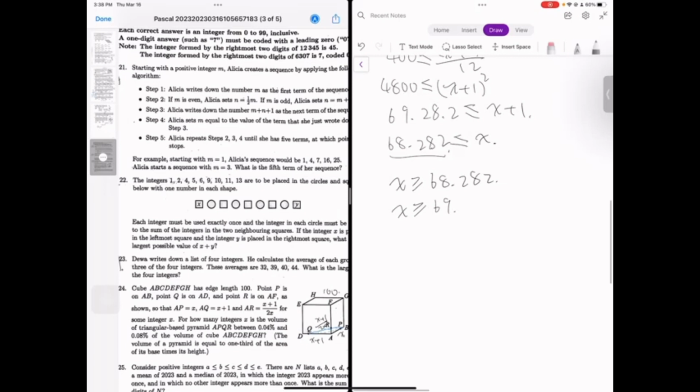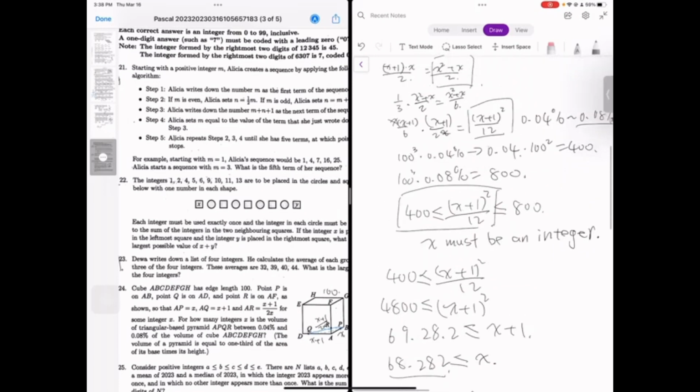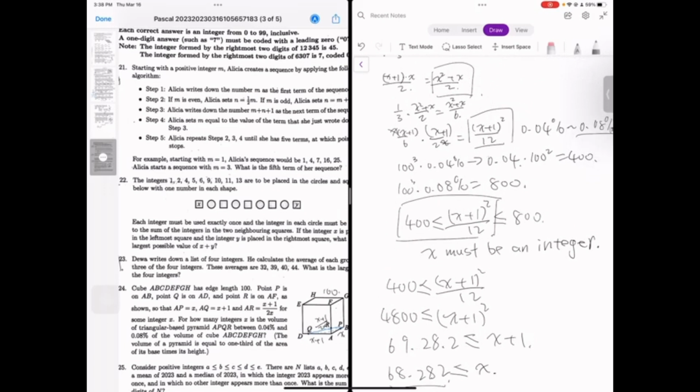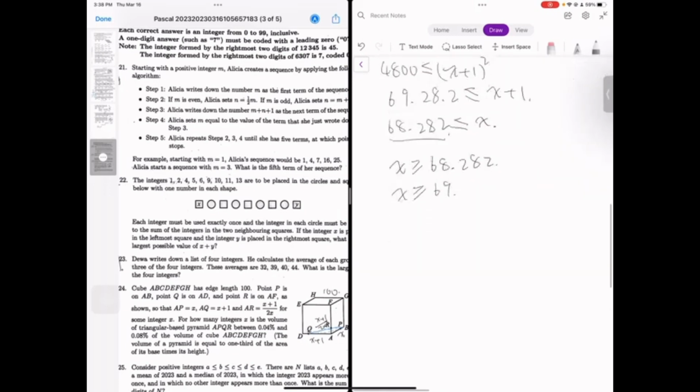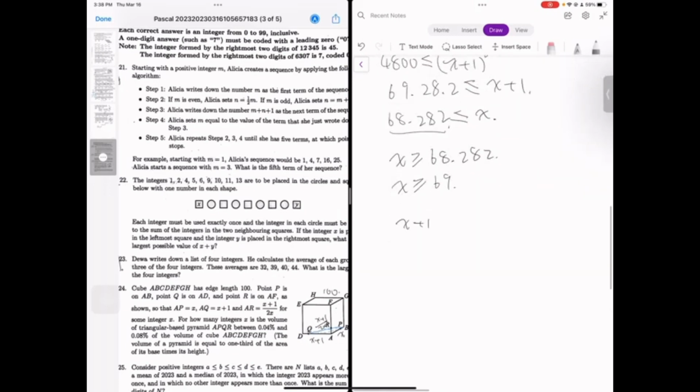Okay, and then we can solve for the second part of the inequality. So we know that x plus 1 squared over 12 is less than or equal to 800.